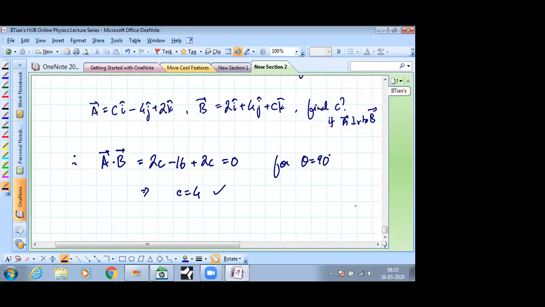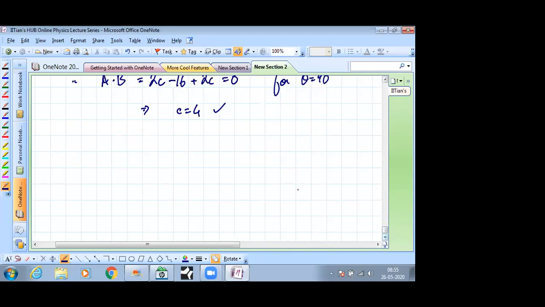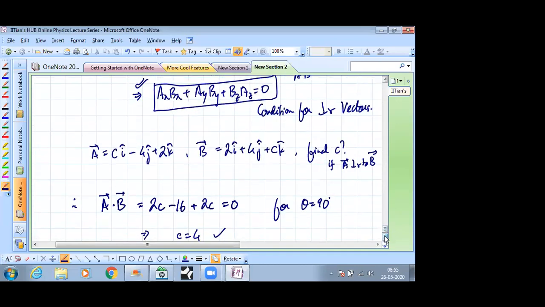Now, eighth question, it just looks complicated. It's not very difficult. Hope this is clear to all of you, first of all.